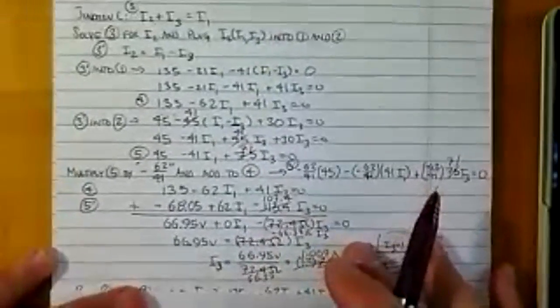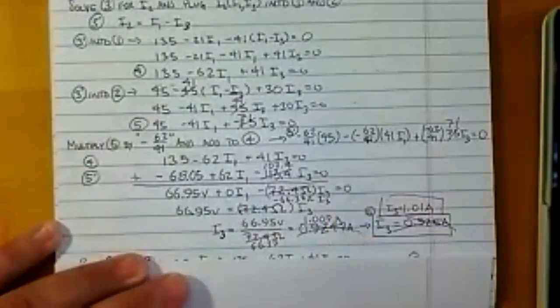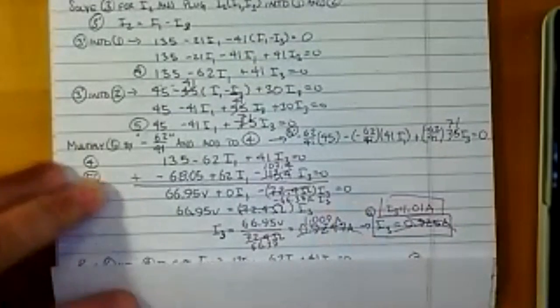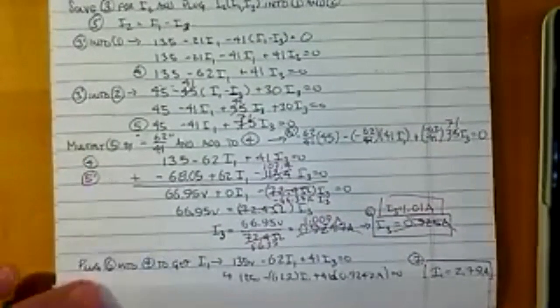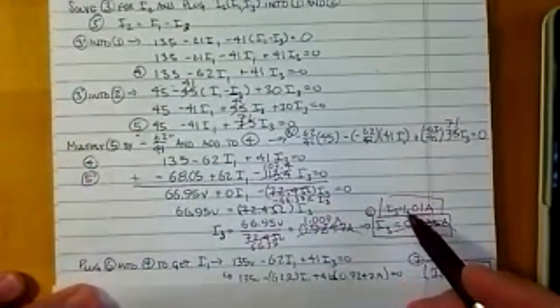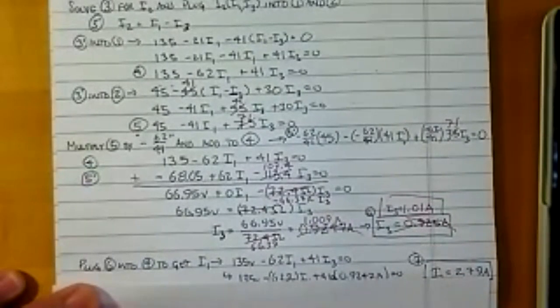But instead, I looked up and didn't look far enough up and just went to equation 4. And that's fine. Like I said, I don't think I made any other errors, but I might have. We'll find out. So I'm going to plug this, the actual current I3, into equation 4.